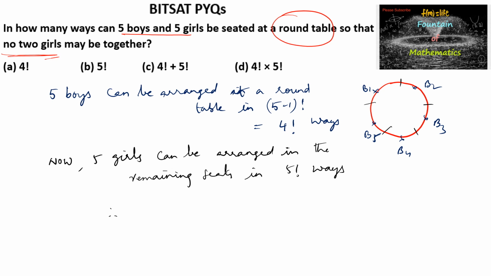So therefore the required number of ways is equal to 4 factorial into 5 factorial, which is option D.